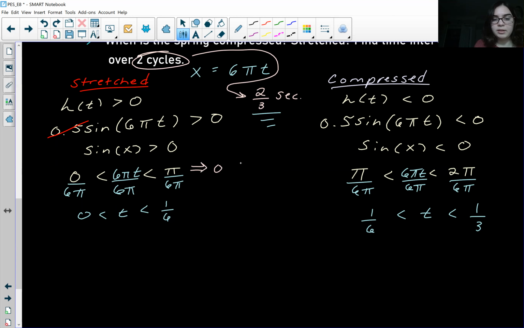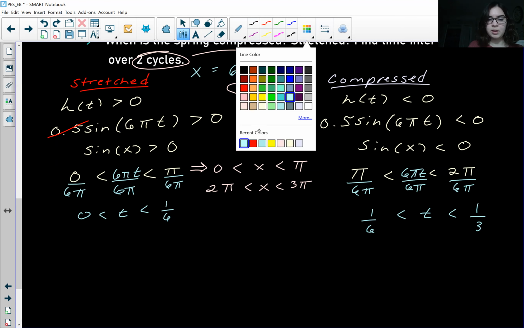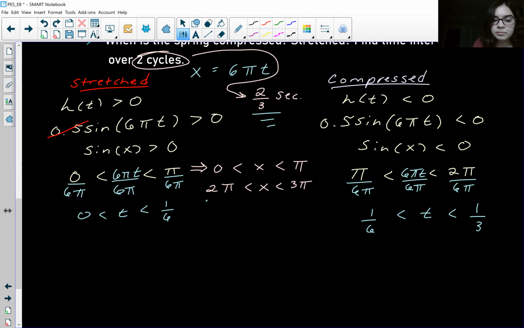So we had x, we replaced it, but before we had x was between 0 and pi. And so what we want to do is add on 2 pi to both parts of those intervals. And that's just going to give us another cycle, which is what we're looking for. So if we add 2 pi to both sides, x is going to be between 2 pi and 3 pi. And then at this point, we can replace it with t.